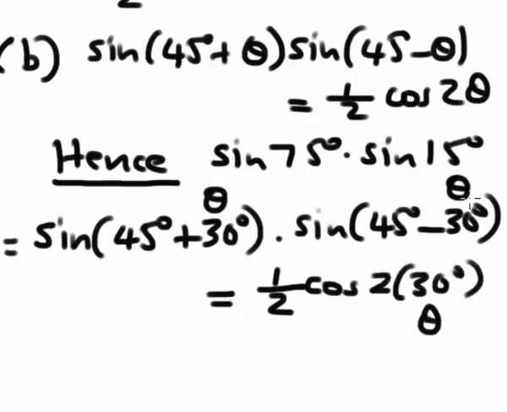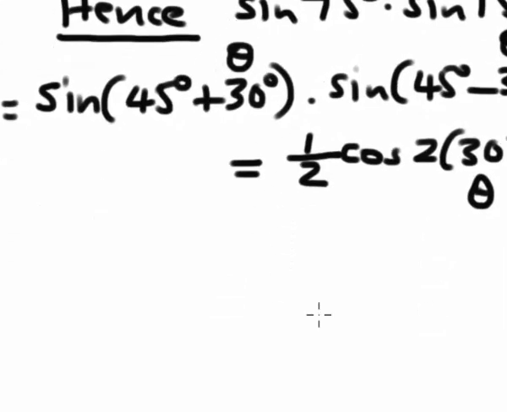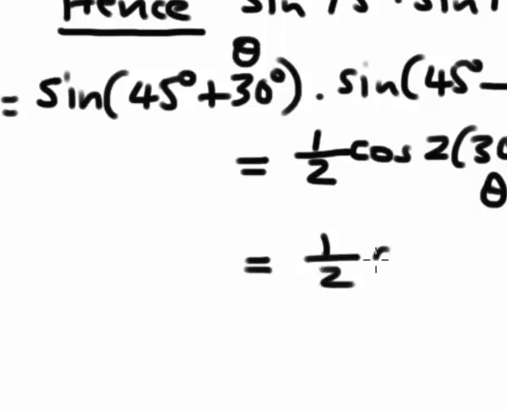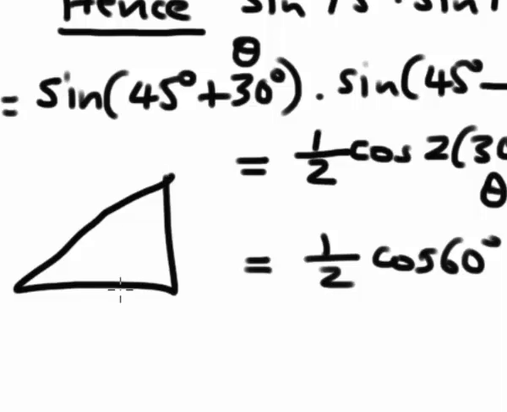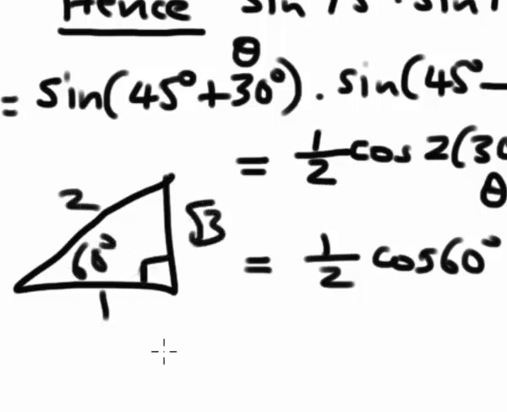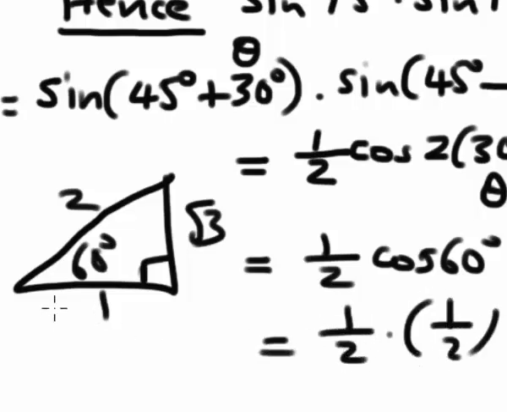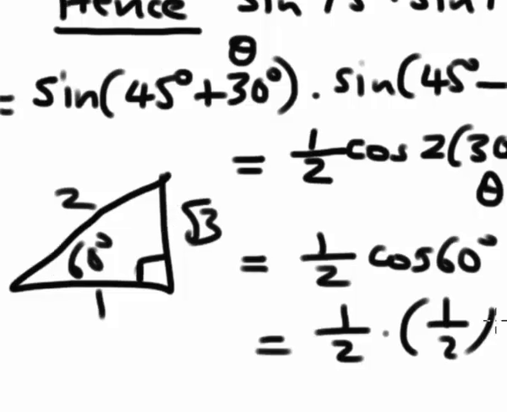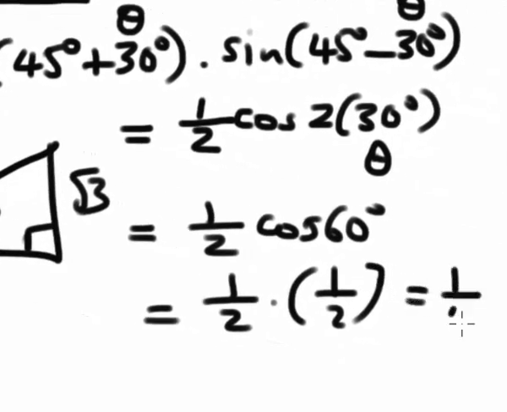You see that there? 2 times the theta. That's wonderful, because then this is a half cos of 60. If we go to our special angles, or just cheat on a calculator, we find that cos of 60 is of course a half, adjacent over hypotenuse, and so your final answer comes to 1 over 4.